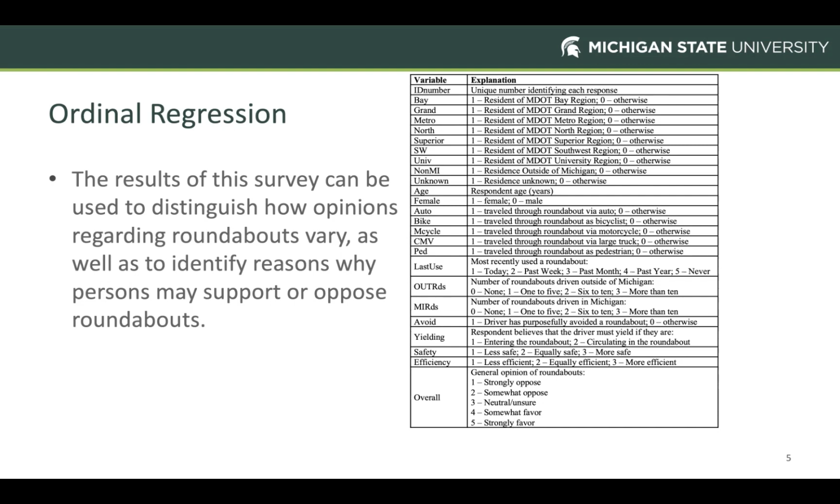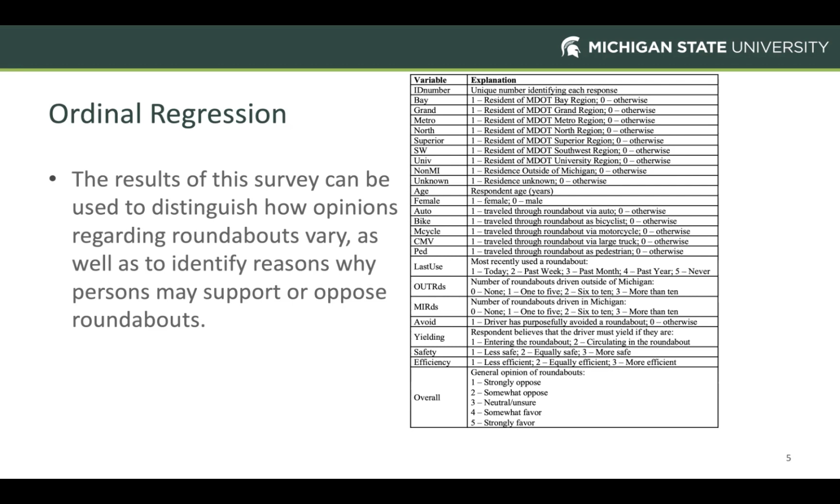And so when we think about the differences we might observe between individuals, we were interested in locational factors. As an example, we've got a series of indicator variables here that are specific to each of the MDOT regions. We also had a limited number of responses that were either outside the state of Michigan or from unknown locations.